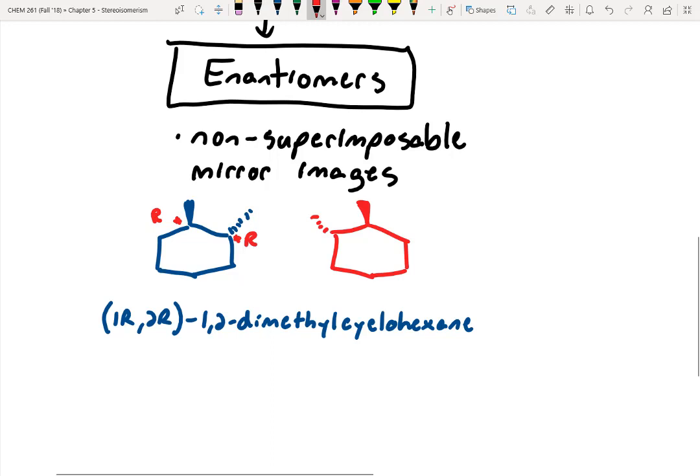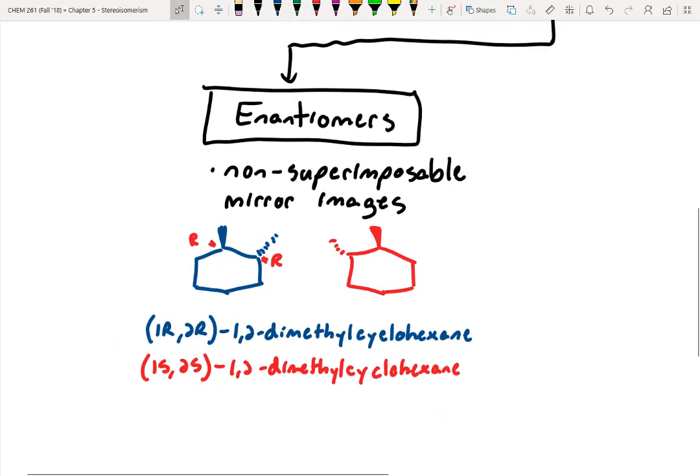What do you think it's going to be if it's a mirror image? 1S,2S, 1,2-dimethylcyclohexane. It's usually pretty easy to spot enantiomers because if they have stereocenters, their enantiomer has the opposite stereocenters, right?